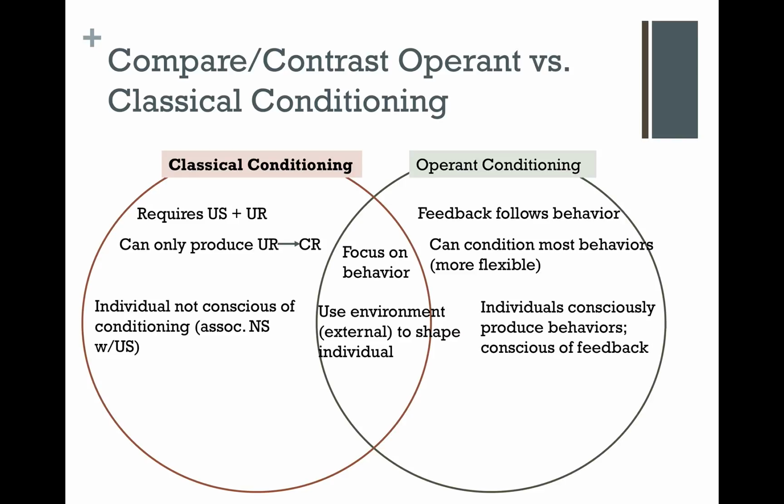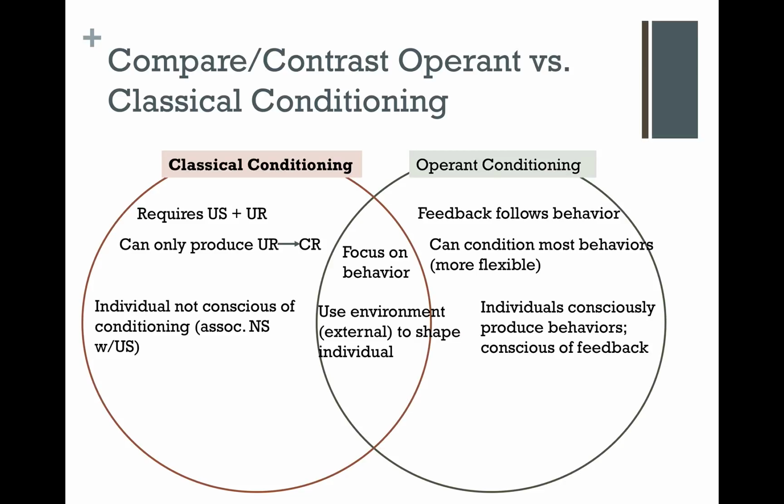But there's a difference in terms of how aware individuals are of the conditioning. One of the things we talked about as potentially an ethical issue around classical conditioning is that it happens without the individual's knowledge. When we pair the unconditioned stimulus and the neutral stimulus, students may not even be aware that we're conditioning them. They may not be aware of the contiguity there.